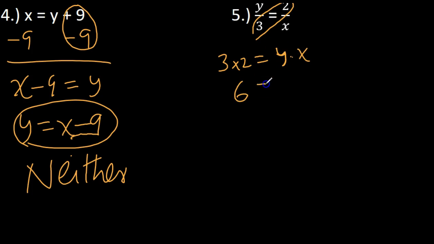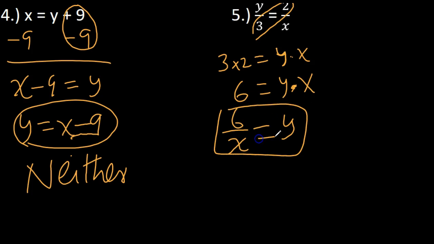So this is 6 equals y times x. Again, two variables multiplied to give a constant is a clue that this is going to be inverse. Also, if we solve for y, we divide both sides by x. So it is inverse, and our constant is 6.